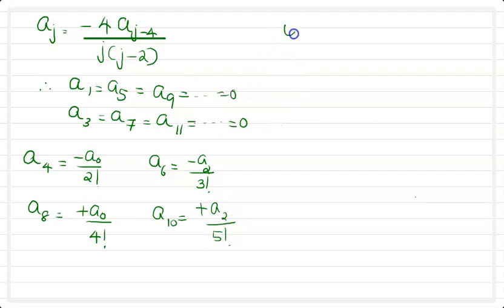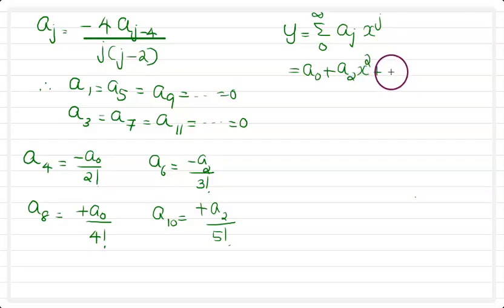So the solution will be y equal to sigma j varying from 0 to infinity aj x raised to j, and that will be equal to a0 plus, since a1 is 0, a1 x is 0, a2 x square plus a3 is 0.